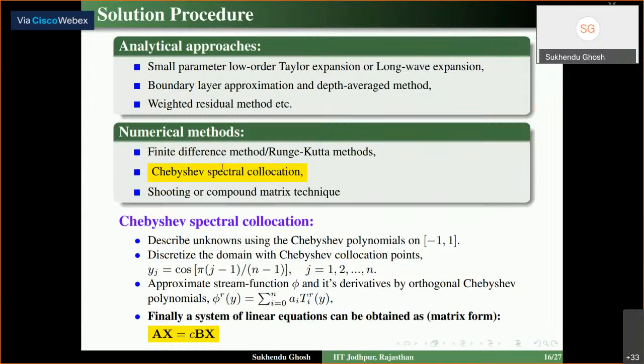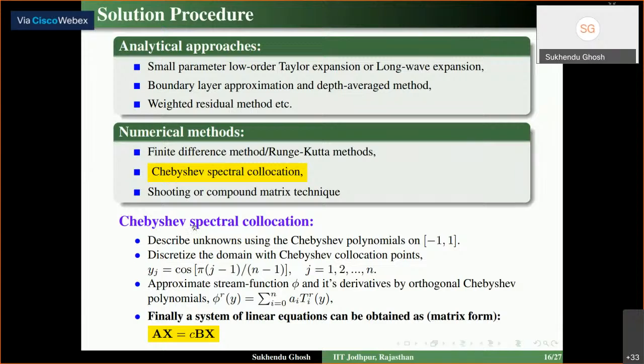Since it is a spectral collocation method, you can easily find the spectrum, or eigenvalues, and once you know the eigenvalues, you can find the eigenvectors corresponding to a particular eigenvalue.